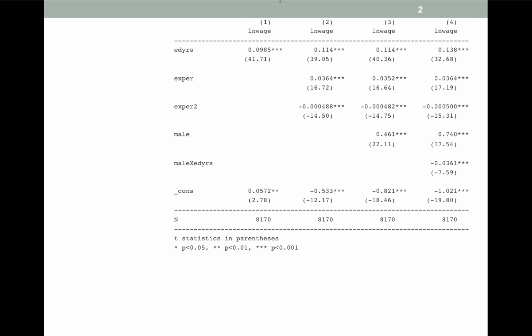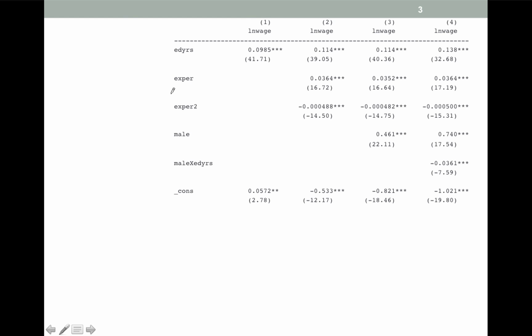This is the model where we've added experience and experience squared. And so our model is log wage equals beta 0 plus beta 1 education plus beta 2 experience plus beta 3 experience squared plus epsilon.